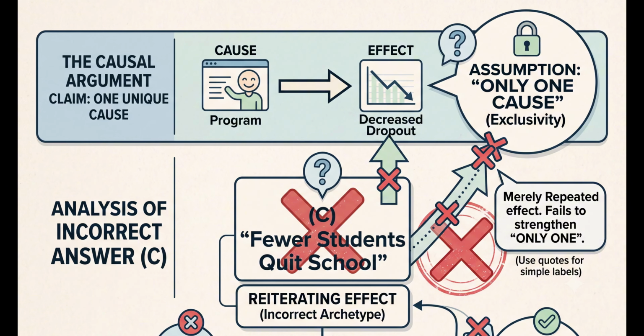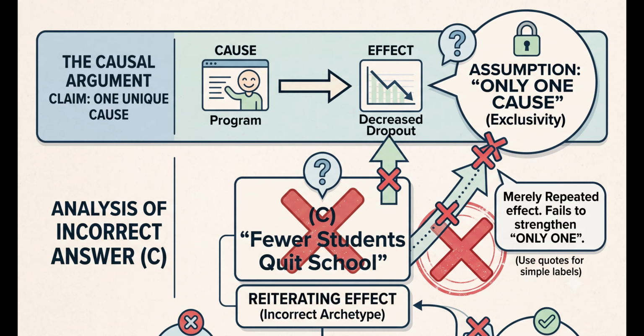It is a very attractive incorrect answer because familiarity breeds comfort. However, what we must determine is whether the morale-boosting program was the only factor behind the decrease. Merely repeating what happened doesn't help us determine if there really was only one cause, per the assumption of exclusivity guiding every LSAT cause and effect reasoning. So the scope is off.